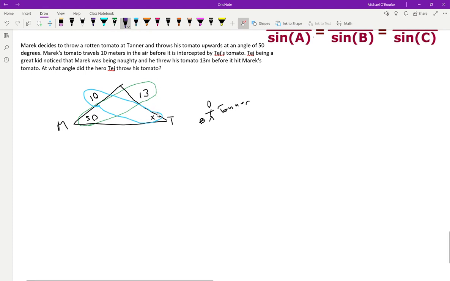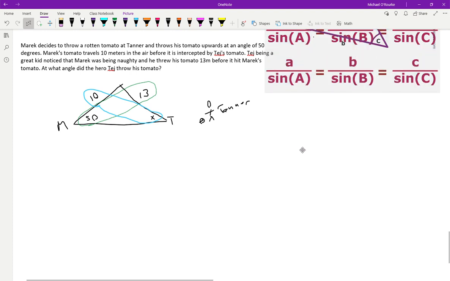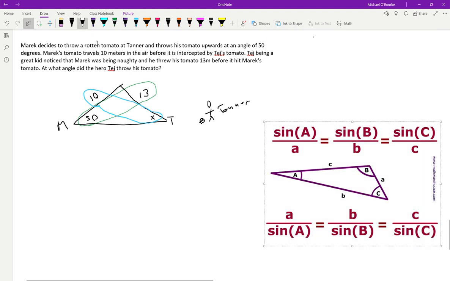In this case, my unknown is an angle. So my angle's on top. I'm going to write sine x, and its buddy is 10, so I put it underneath.